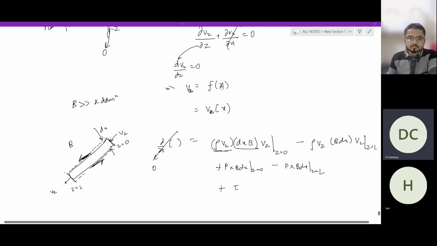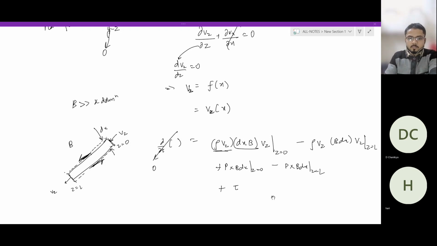Now, tau xz times the entire area, which is L times b.